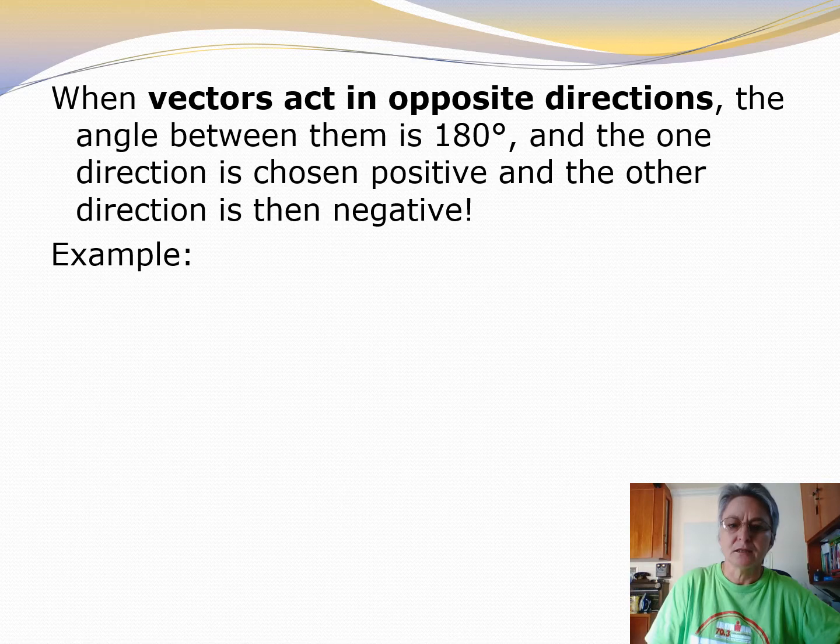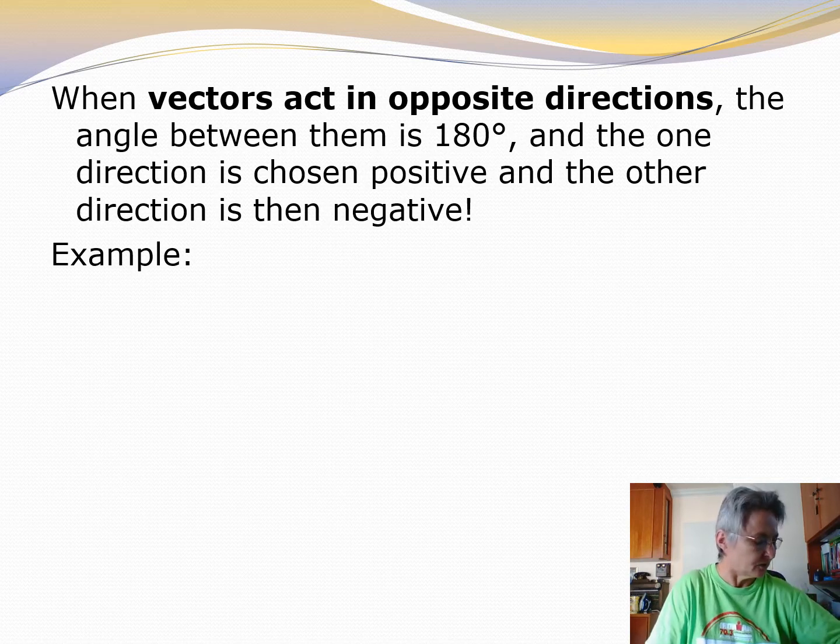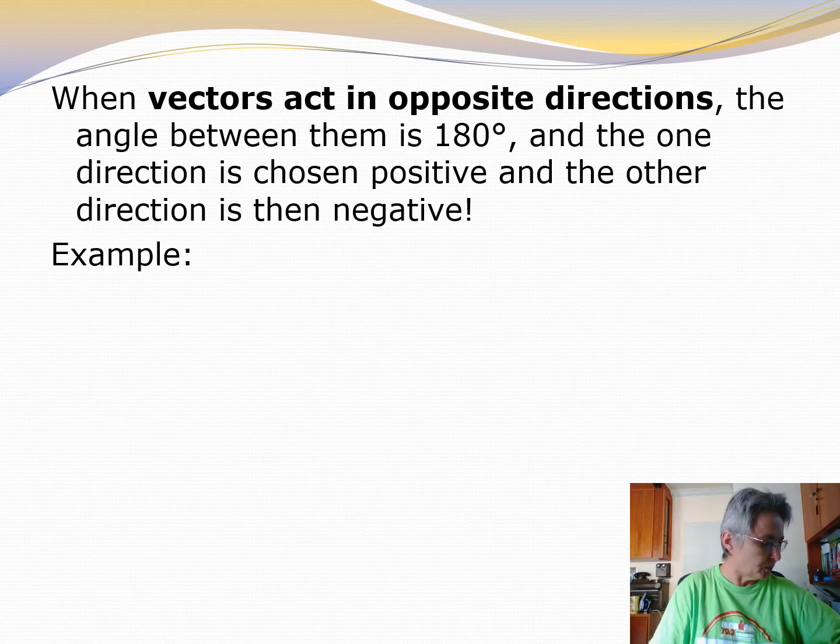When forces act in opposite directions, the angle between them is 180 degrees, and the one direction is taken as positive, while the other direction is taken as negative. And I want to look at the example on page 195 again.